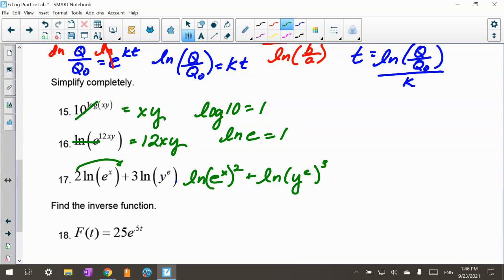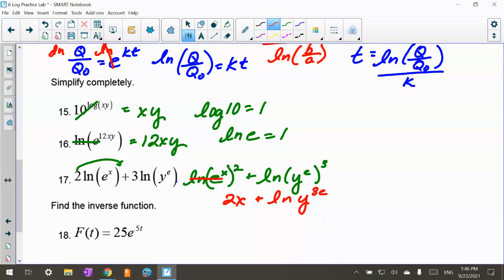So I just kind of put the exponents back up there. So how does that look? Well, you can still cancel this here because they're next to each other. So x times 2 is 2x. Plus here, if you'll notice that you really can't cross anything out because the base e and natural log are not next to each other. So I'm going to write it like this, ln y to the 3e, because e times 3 is 3e.